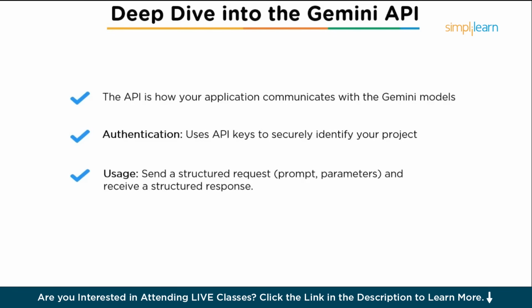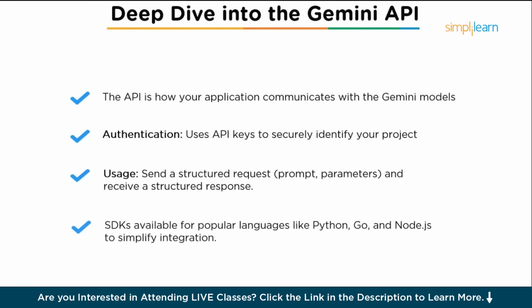For usage, you send a structured request comprising your prompt and any desired parameters like temperature or maximum output tokens, and in return, you will receive a structured response from the model. To simplify this integration process, SDKs are readily available for popular programming languages such as Python, Go, and Node.js, abstracting away much of the complexity of direct API calls.